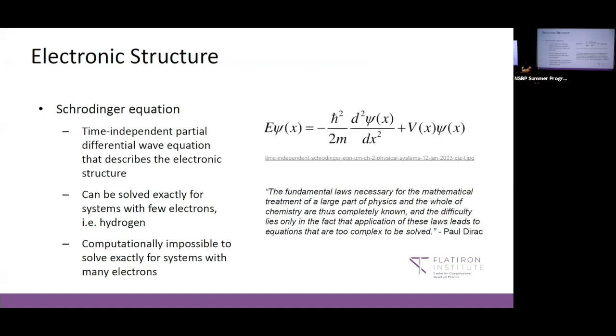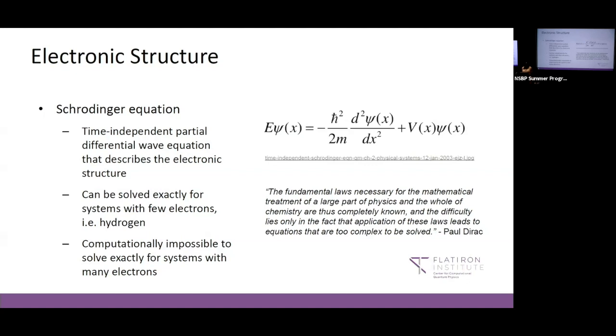And so Paul Dirac said it best, where he says the fundamental laws necessary for the mathematical treatment of a large part of physics and the whole of chemistry are thus completely known. And the difficulty lies only in the fact that application of these laws leads to equations that are too complex to solve.